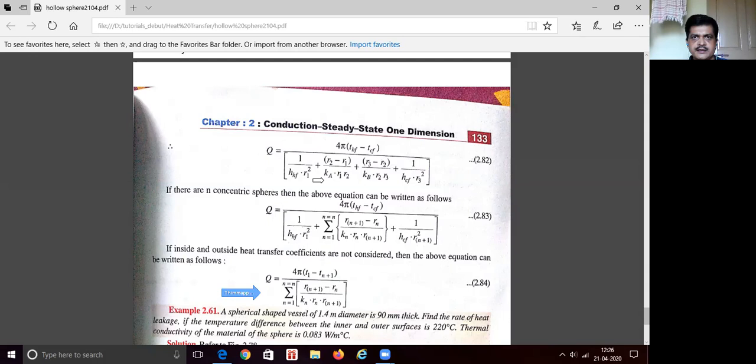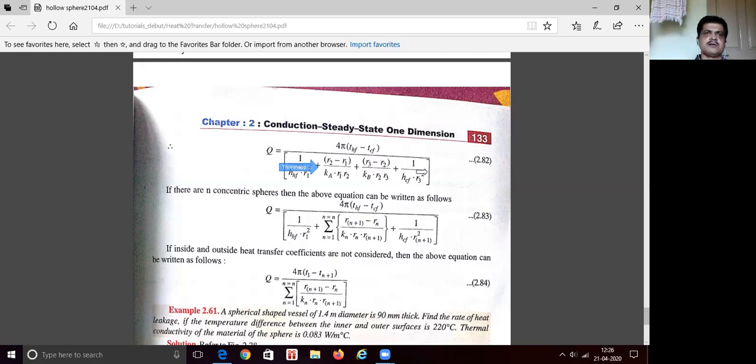Second layer is there, R3 minus R2 divided by Kb into R2 into R3, and the numerator will be the same. So these terms depend on the number of walls. As walls increase, additional terms in the denominator keep increasing. And at the extreme ends are this part and this part. These two are the thermal resistance due to convection.